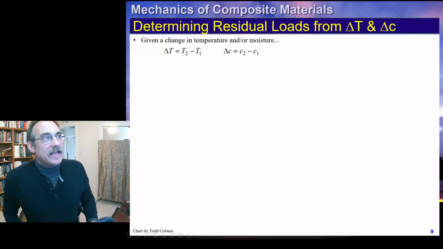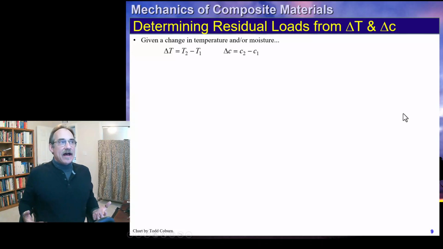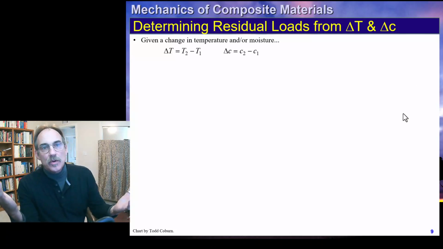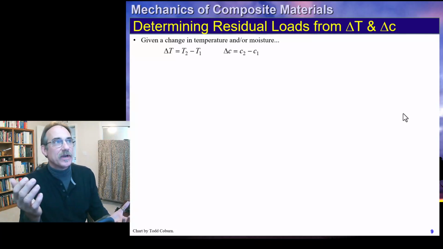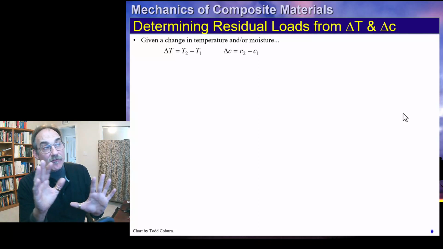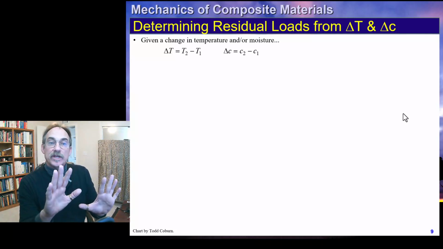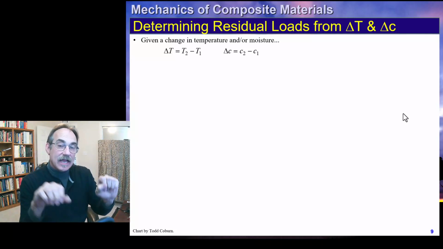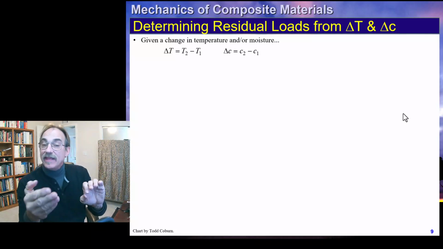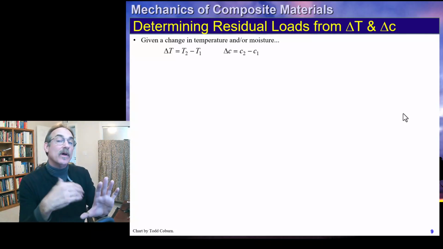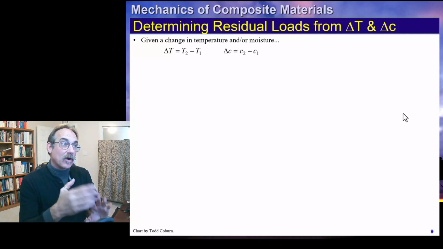So let's start by saying, okay, let's say we have external load and temperature changes and moisture concentration changes. Actually, first, we're going to focus on just delta T and delta C, thermal and moisture change. And then on the next slide, we'll bring in the external load part too.